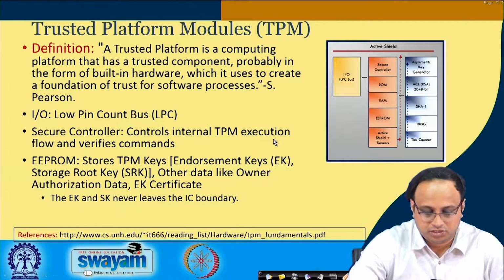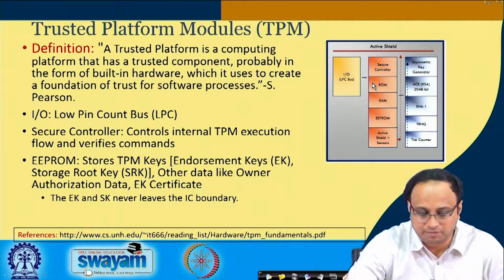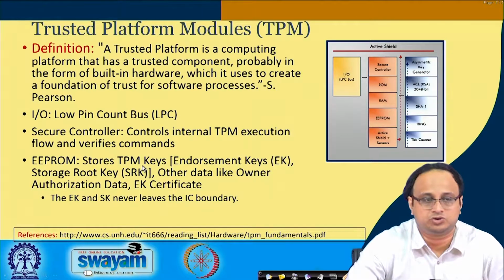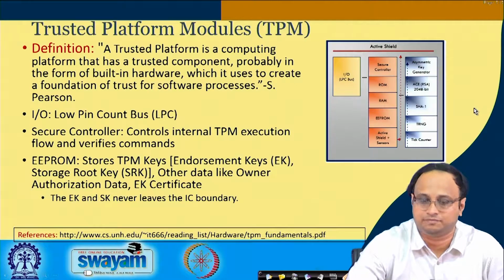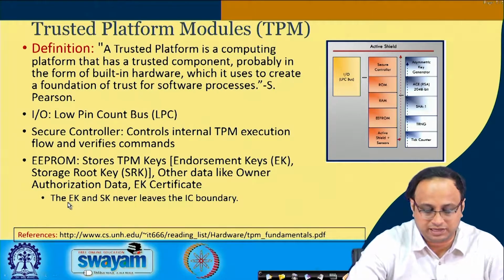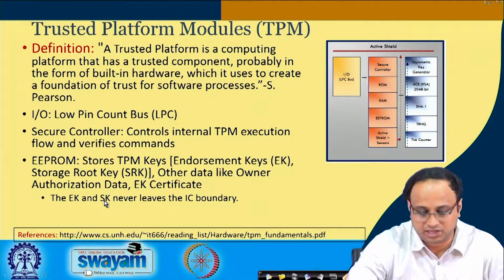Okay. So then there is an EEPROM which stores several keys. In a TPM there is a management of several keys, and I have just listed two of the most important ones. One is called the endorsement key, and the other one is called the storage root key, or SRK. There are also other important keys like owner authorization data and the EK certificate, which are also maintained and stored inside the TPM. You may note here that the EK and the SRK never actually leave the IC boundary.